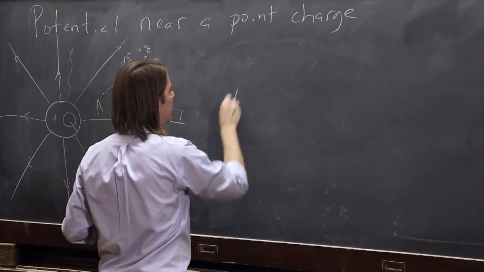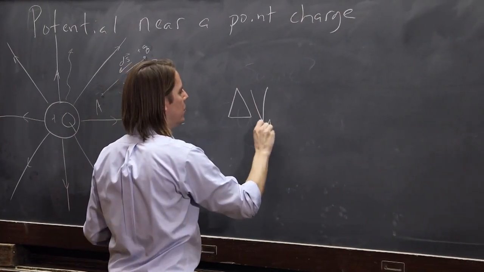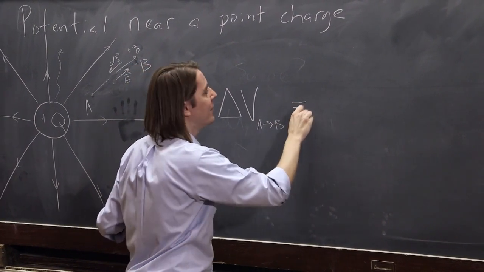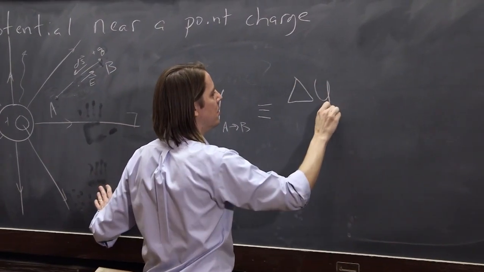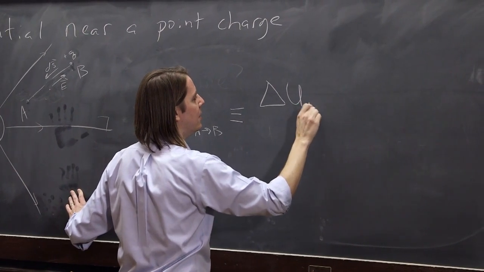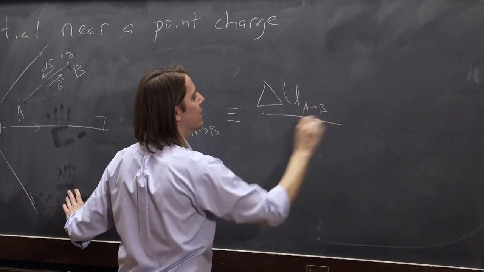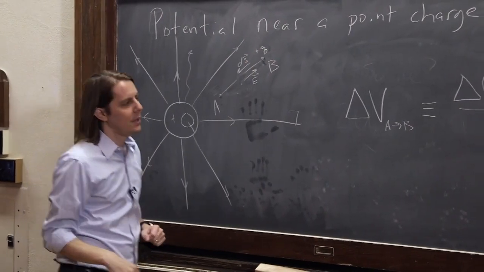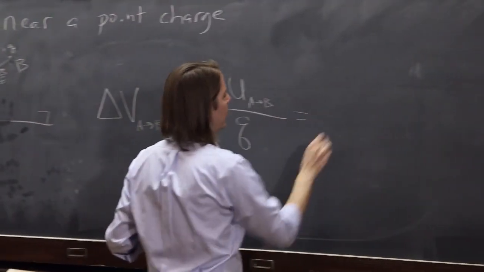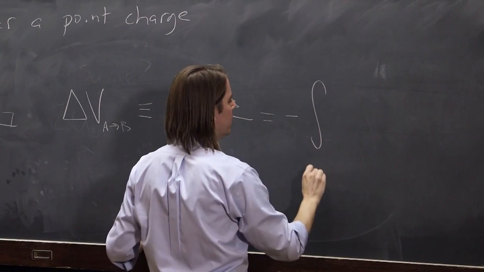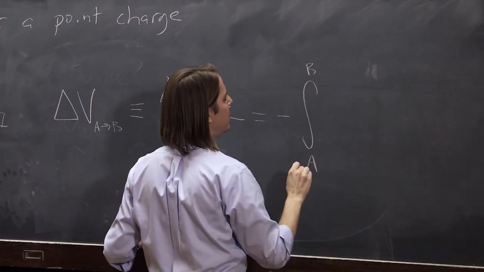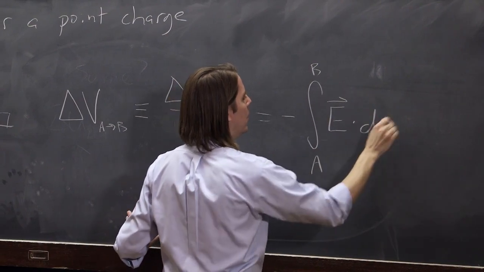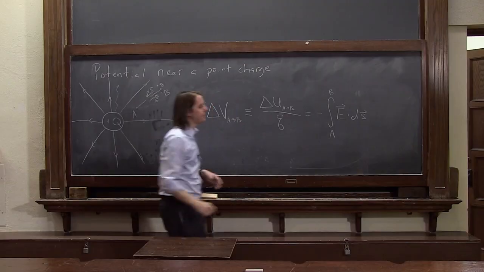So the potential, when you go from A to B, is simply defined as the change in energy when you go from A to B divided by that test charge. Okay? And then, if you want to write the integral, it's minus the integral from A to B. And the Q is just gone, minus the integral from A to B of E dot ds.